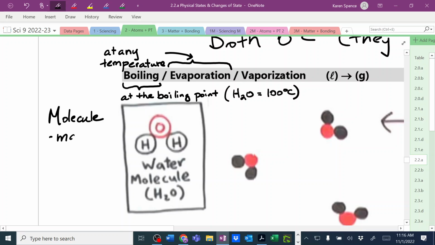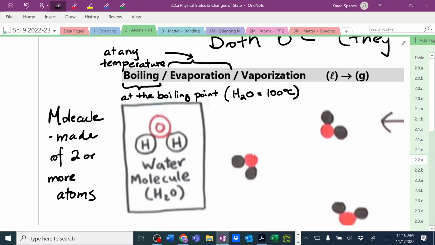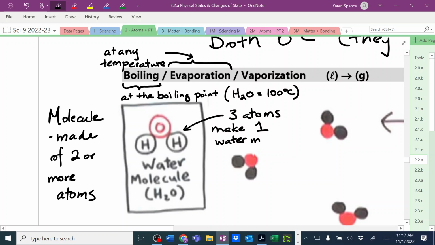So when we look at water, we don't say a water atom, because that would mean just one little ball, right? How many atoms is water made of? 3. There's 3 atoms in water. Three atoms make one water molecule.